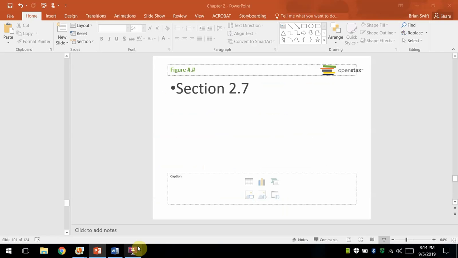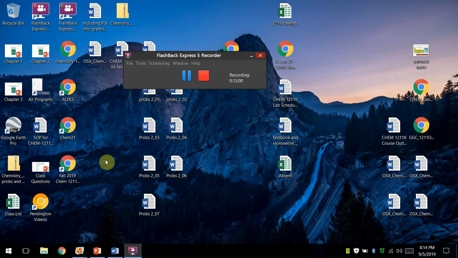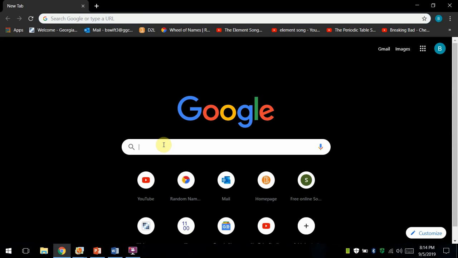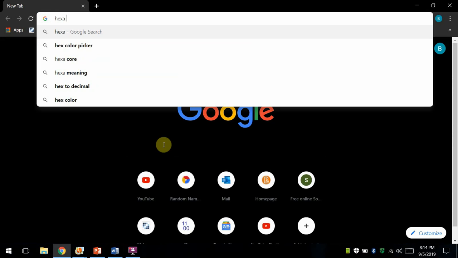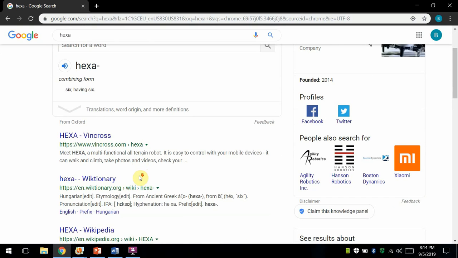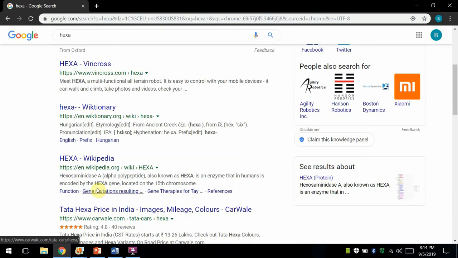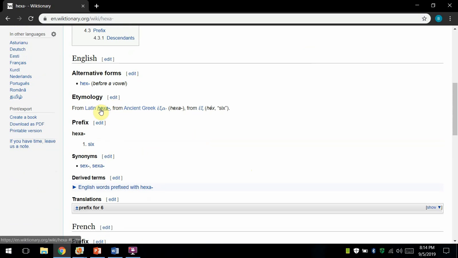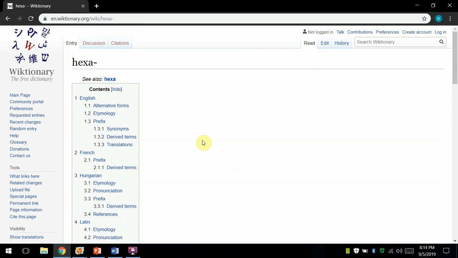I tell you what, let's do a quick search here of hexa. Okay, it is a Greek root. Etymology. Oh, Latin. Okay. So let's do mono.